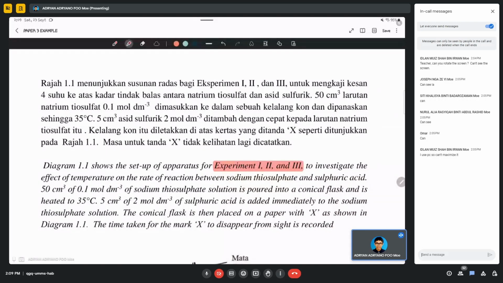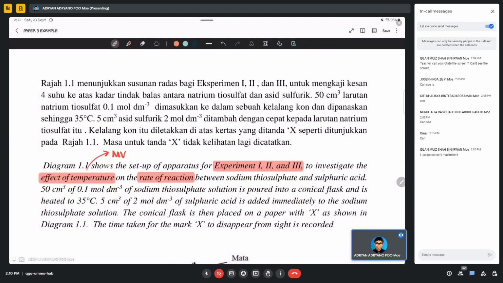Investigate what? Effect of temperature on the rate of reaction. So I know that the thing that I will change is the temperature. So immediately I know that temperature is my manipulated variable. Same as your physics. From the question we can know that temperature is your manipulated variable.